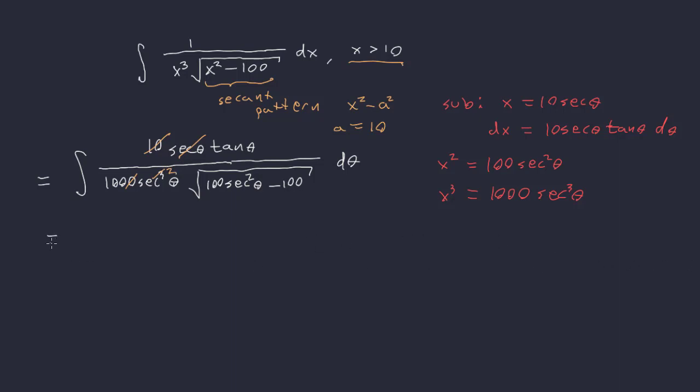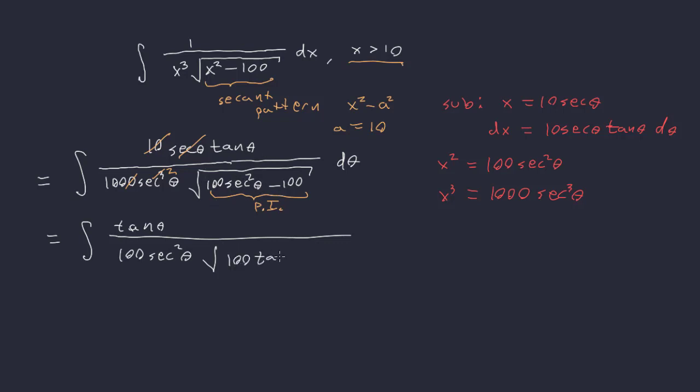All right, then, write some of this down. So we'll have 100 secant squared theta in the denominator. And then, remember, we still have to use the Pythagorean identity here. And hopefully by now, it's not a surprise that this becomes 100 tangent squared theta.